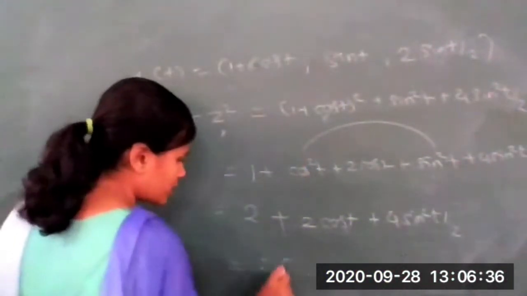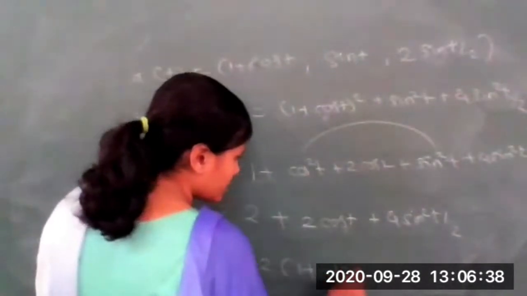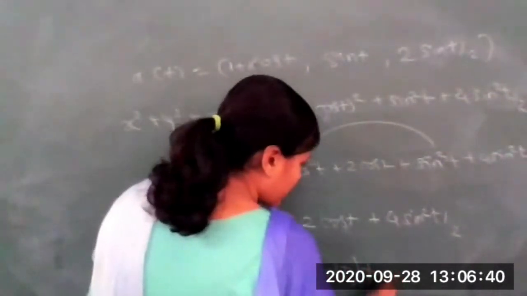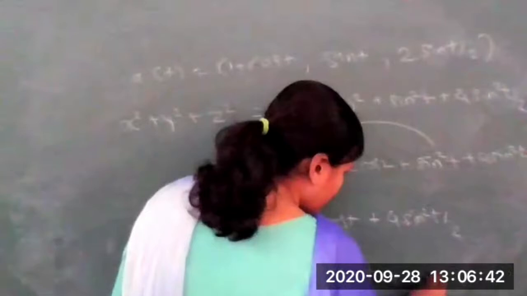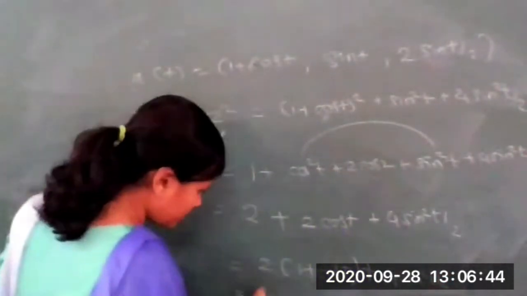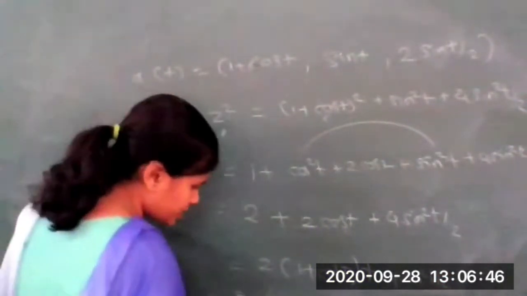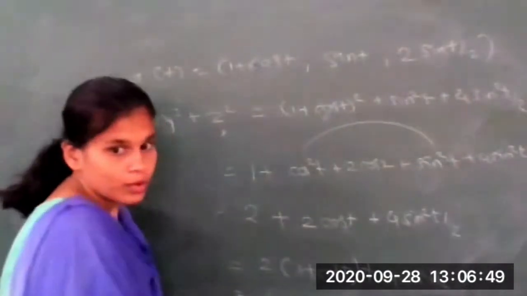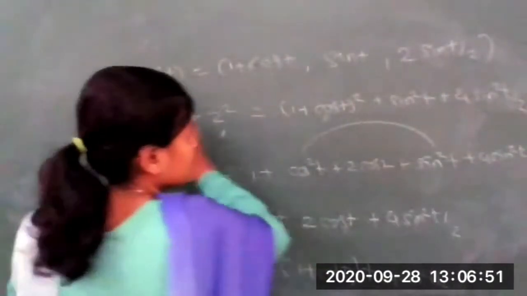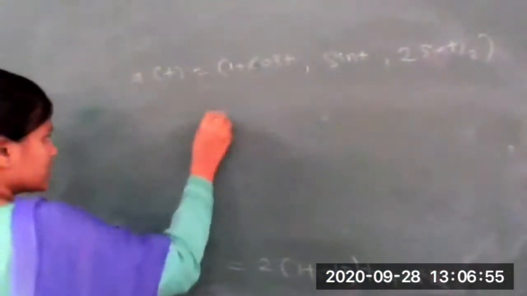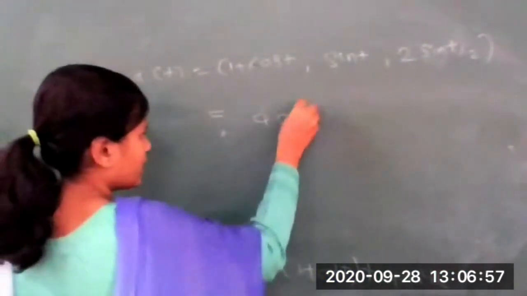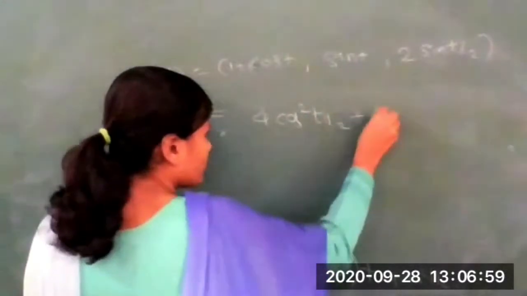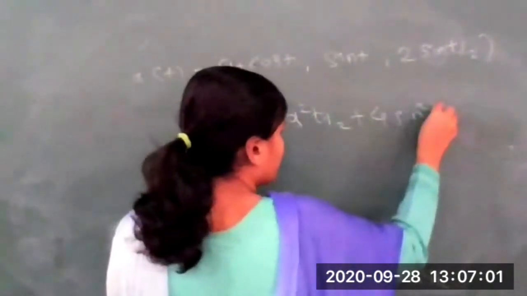So finally what do I get? 2 times (1 plus cos t) in one bracket, and here is 4 sin square t by 2. Now, 1 plus cos t is nothing but 2 cos square t by 2. Correct? So we will write this as 4 cos square t by 2 plus 4 sin square t by 2.